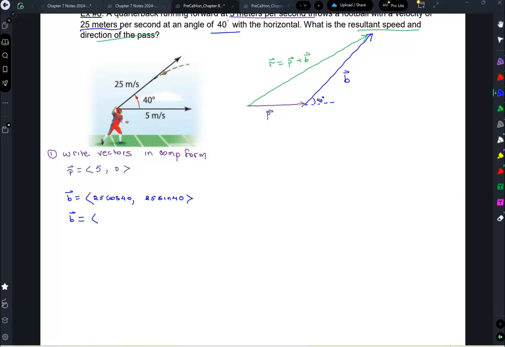Okay, what was the first one? Did you do the first one, with the component form for vector B? Yeah, this one. It's 19.15, comma 16.07. Okay.